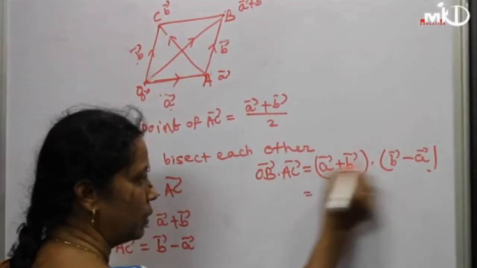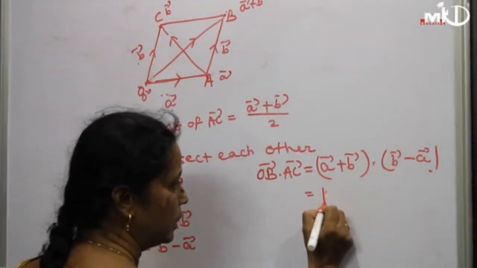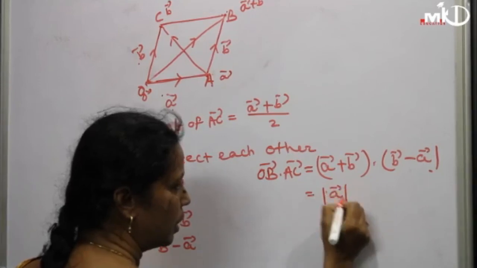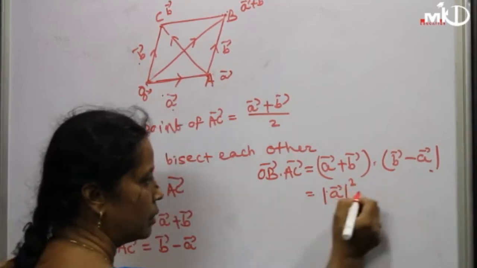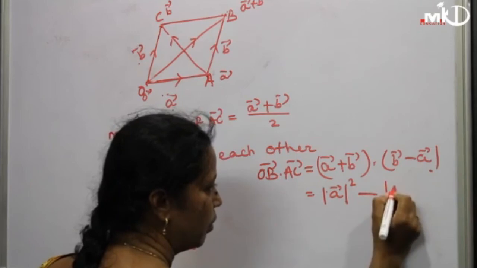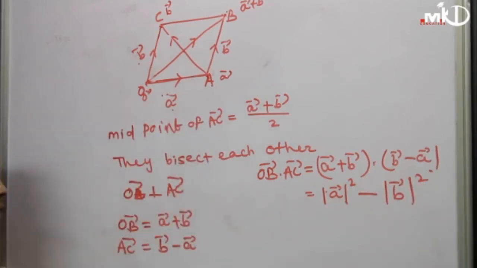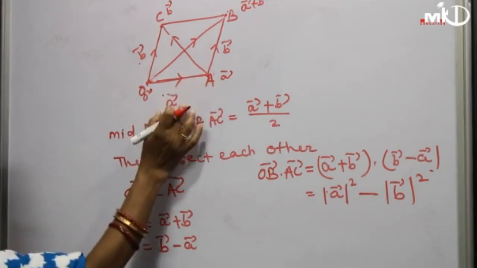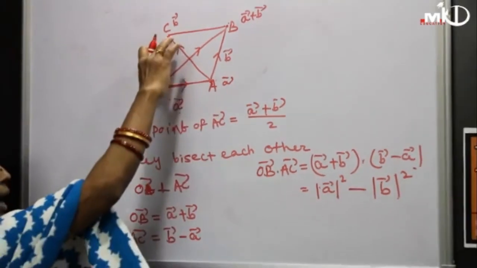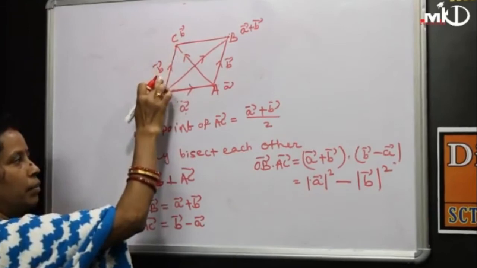So according to the dot product, we find it is equal to the modulus of A bar square minus modulus of B bar square. Now OA bar is A bar, and OC bar is B bar.